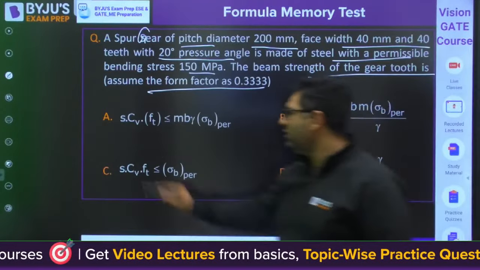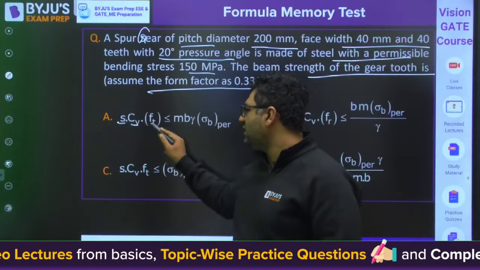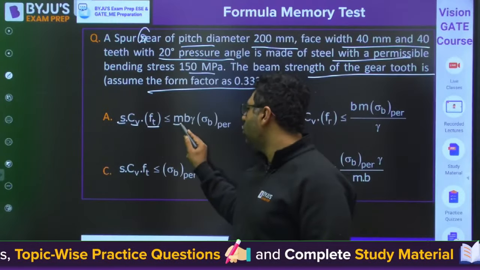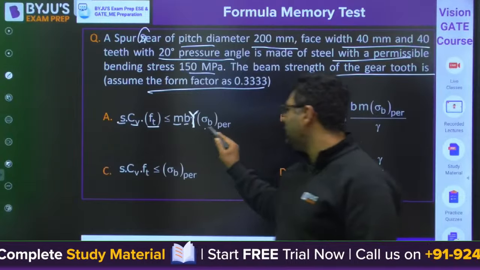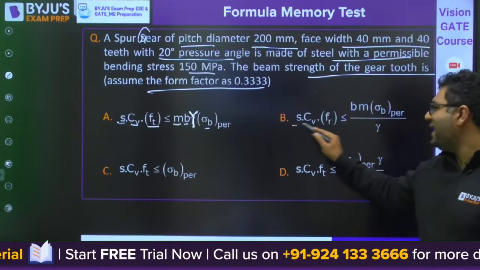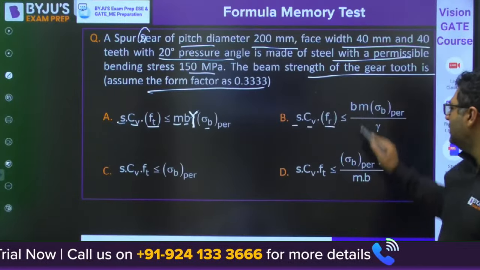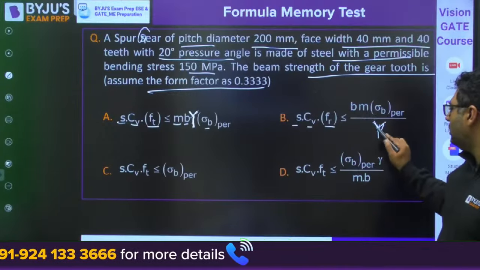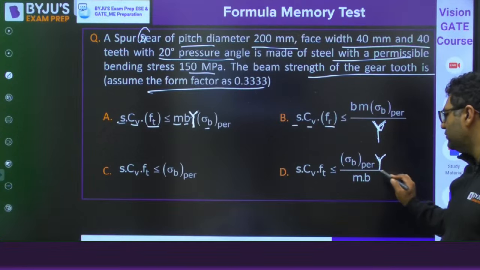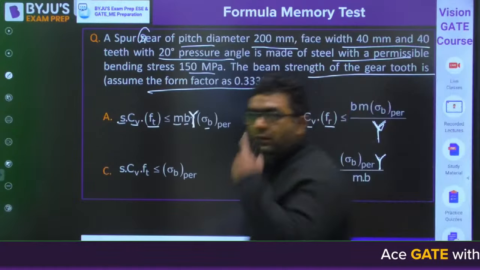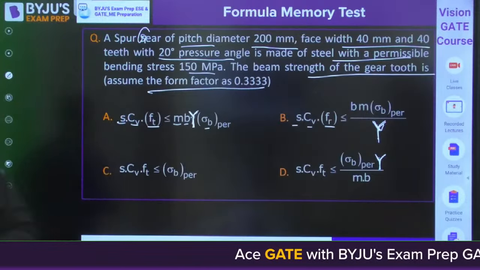So this is the service factor, velocity factor, tangential force, module, Lewis form factor is Y, B is the width, sigma B permissible. Tell me what is the correct answer here.